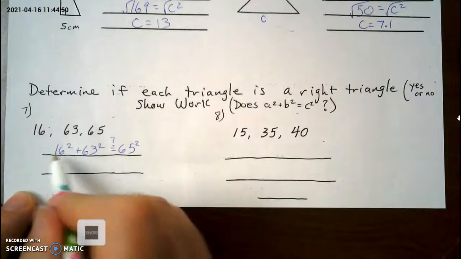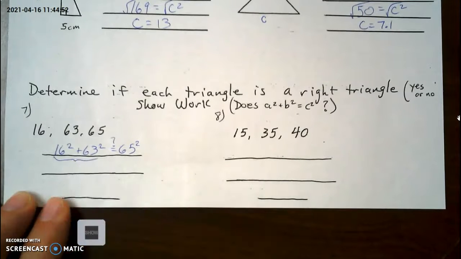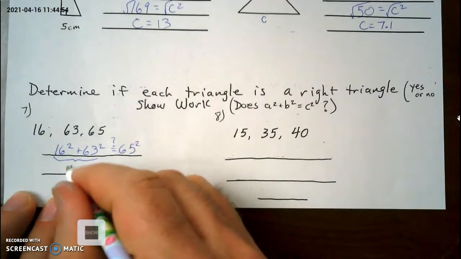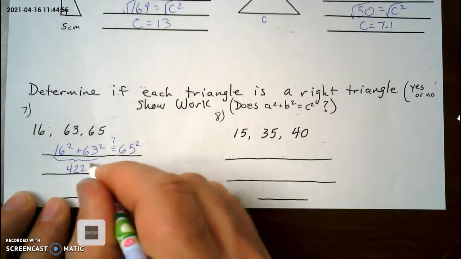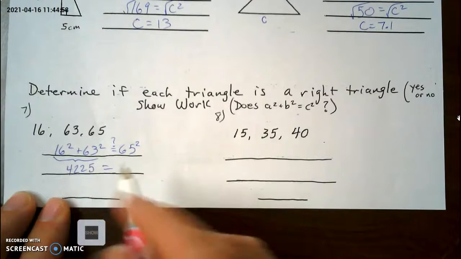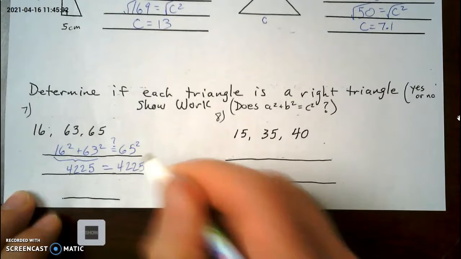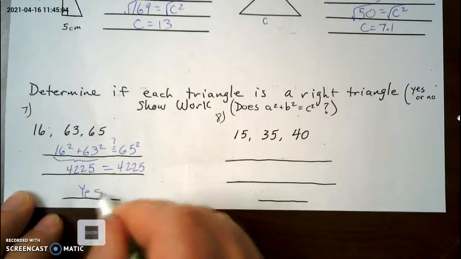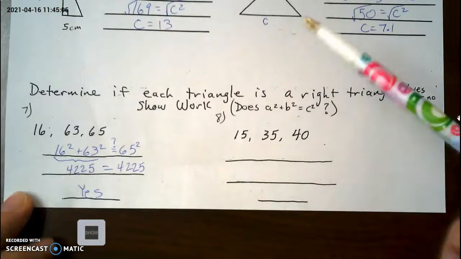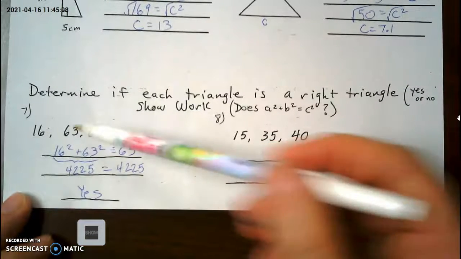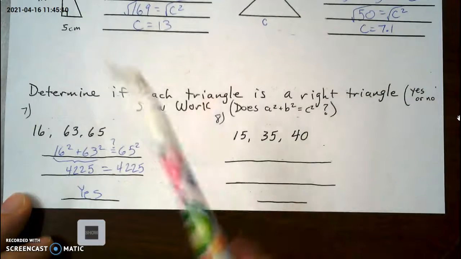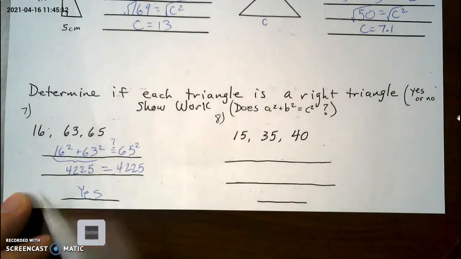You do 16 squared plus 63 squared. You're going to get a big number, 4,225. You do 65 squared. And you look, you got the same number. That means the answer is actually yes. These numbers form the sides of a right triangle because a squared plus b squared equals c squared.